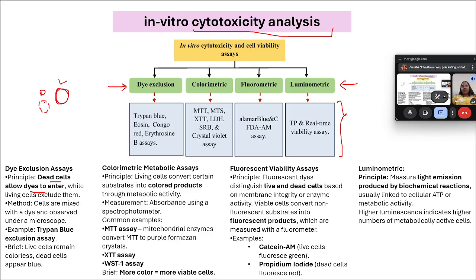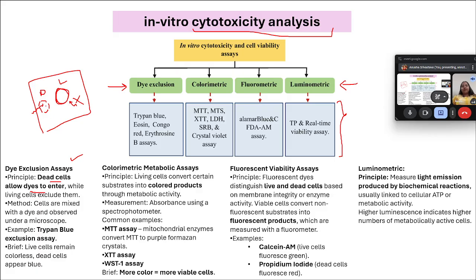Because their membrane integrity is compromised, the dyes can easily get into the cells. So when you see it under the microscope, suppose you added some dye, in this dye exclusion method, since the dead cells have compromised membrane integrity, the dye can easily penetrate, but the dye cannot penetrate live viable cells because they have a perfectly fine membrane.